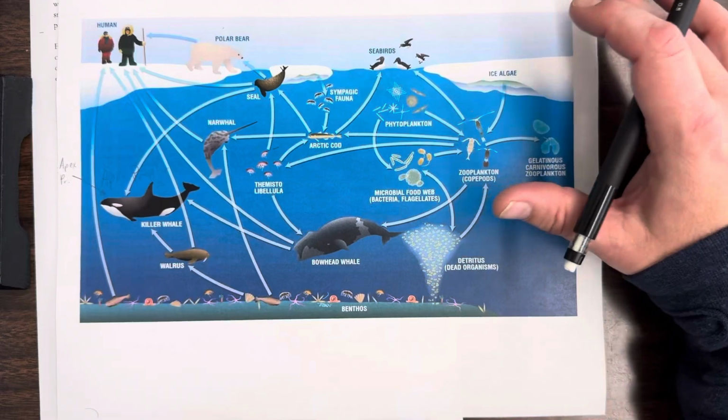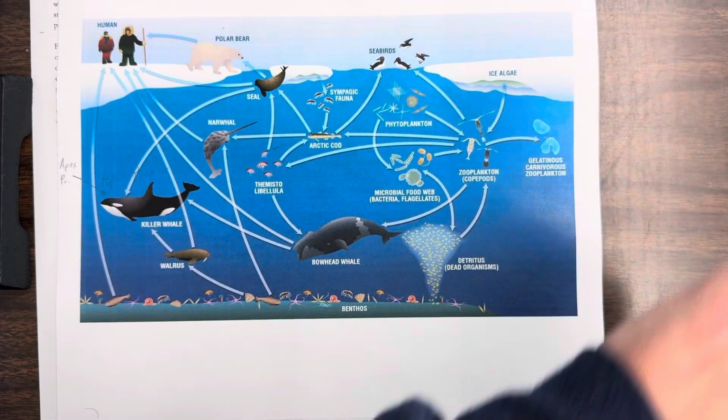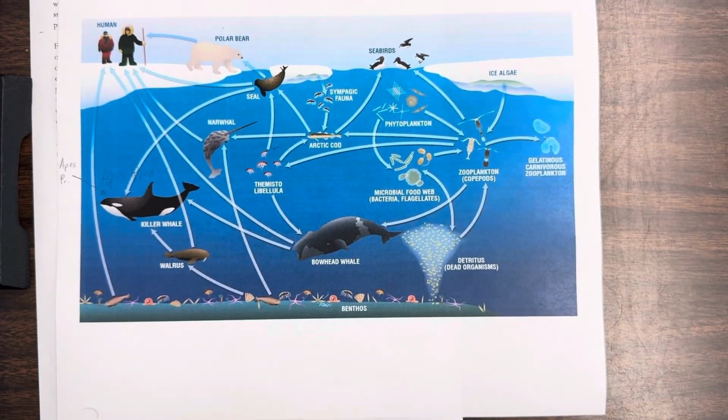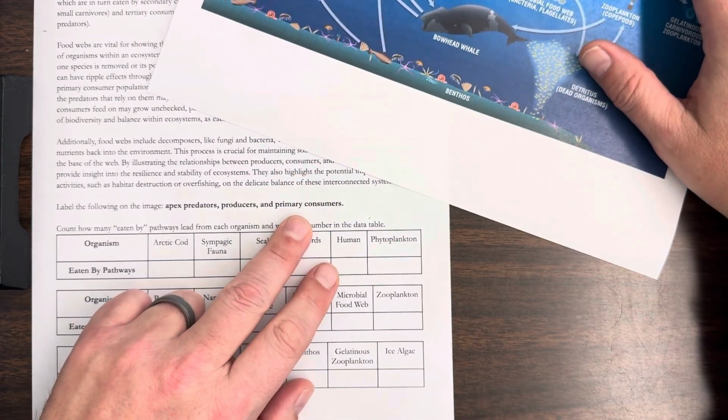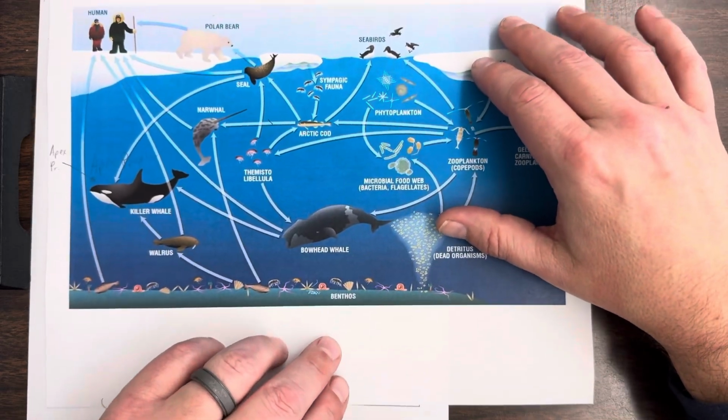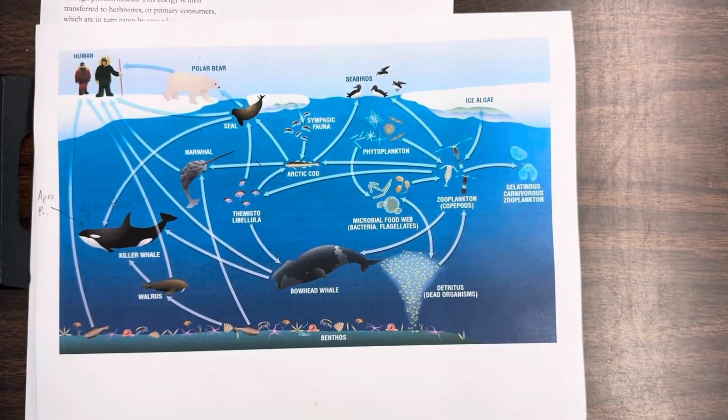Producers are the ones that take energy from the sun and turn it into internal food. So these are your plants and stuff, plankton, things like that. And then the other thing that you're trying to find is primary consumers. Primary consumers are your herbivores.